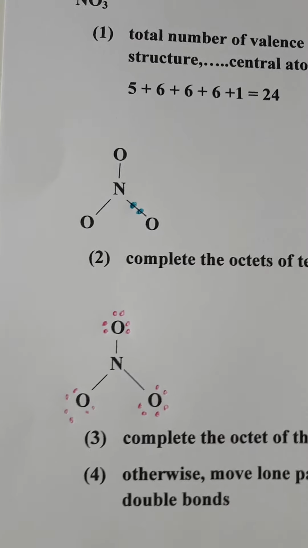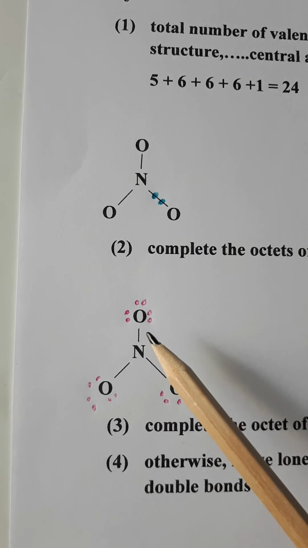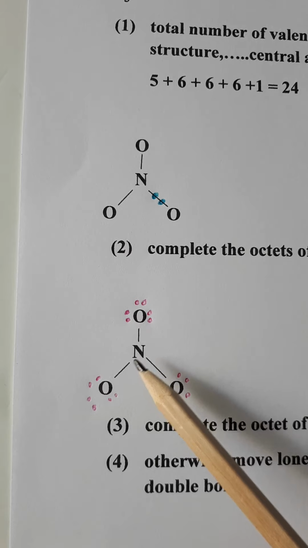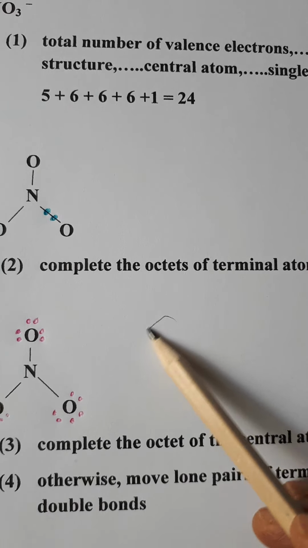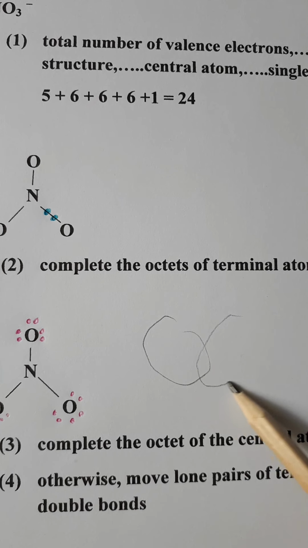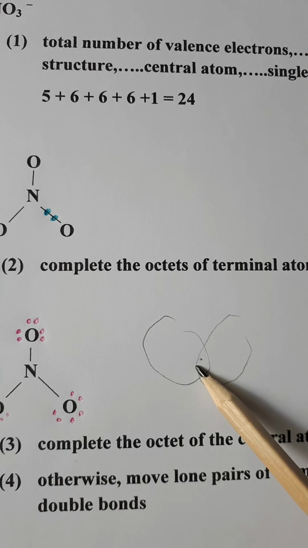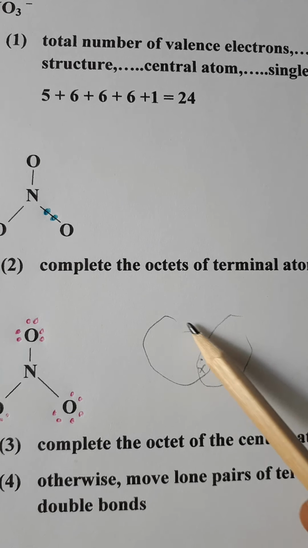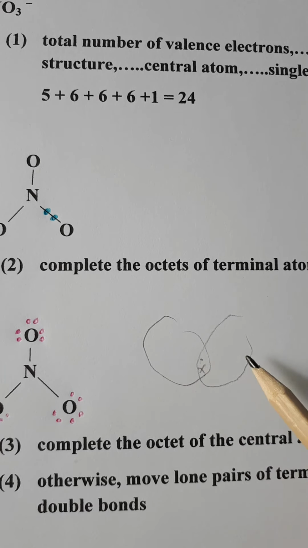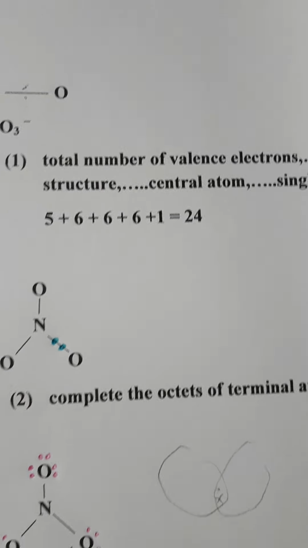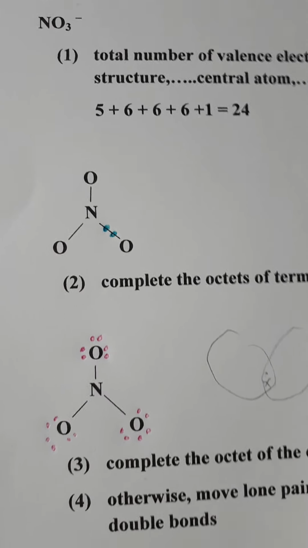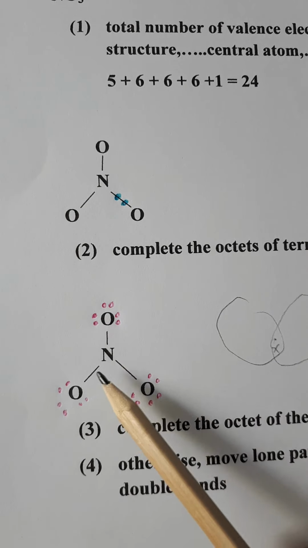Now see the central atom nitrogen. It is sharing with oxygen, but when 2 atoms share, the 2 electrons belong to both of them. So see, the nitrogen now has 6 electrons around it: 1, 2, 3, 4, 5, 6.